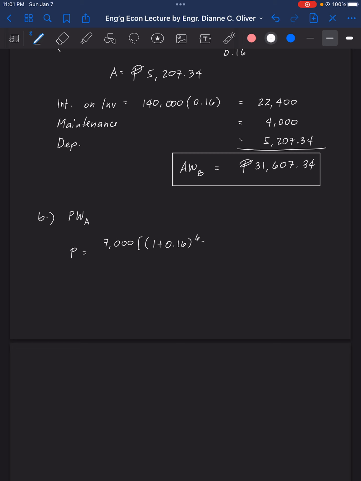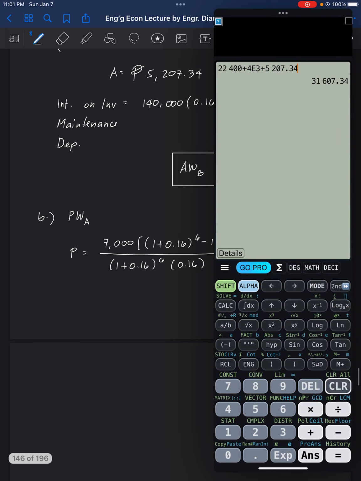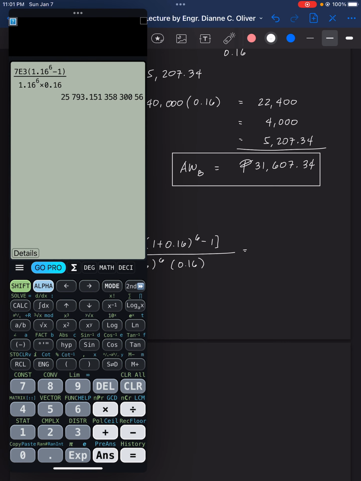P equals 7,000 times 1.16 raised to the power of 6 years minus 1, all over 0.16 times 1.16 raised to 6. P is equal to 25,793.15.